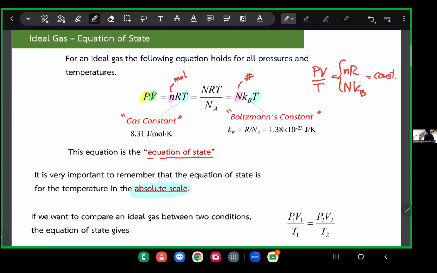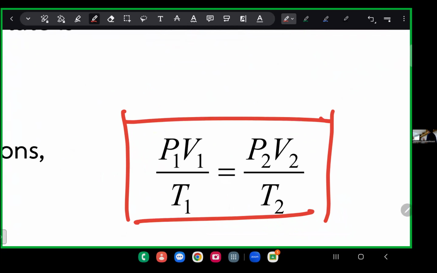All right, so as long as you have a fixed amount of gas, you do not leak it out, and there's no adding more, the PV over T must be fixed. That's why you have this simple relationship that you can use to compare between different states of gas. Okay, you can use P1 V1 over T1 equals P2 V2 over T2, on and on and on. So this is nice.